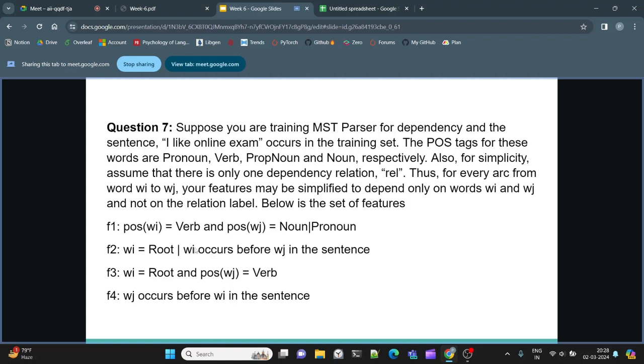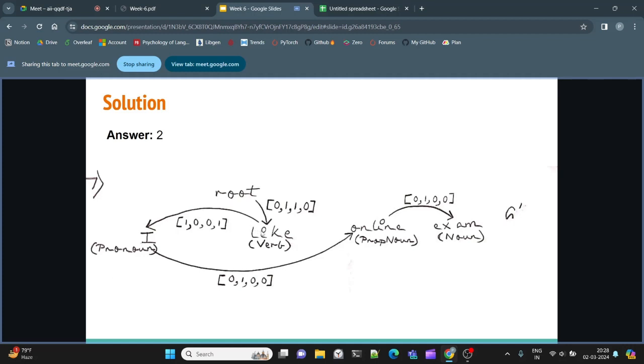The first feature is POS tag of wi is verb and POS tag of wj is noun or pronoun. Let's see. Let's take this arc. This is wi and this is wj. The start of the arc is wi, where it ends is wj. Is this a verb?